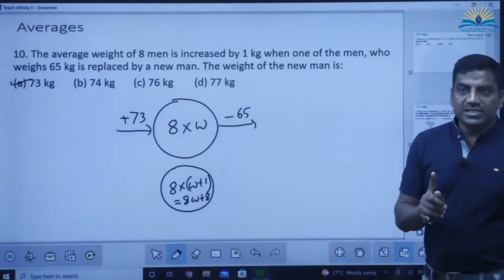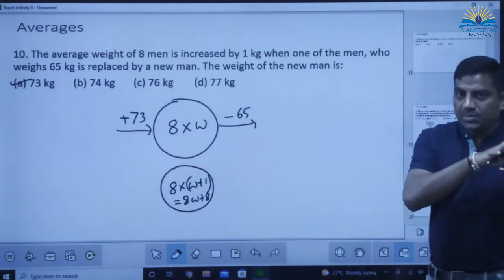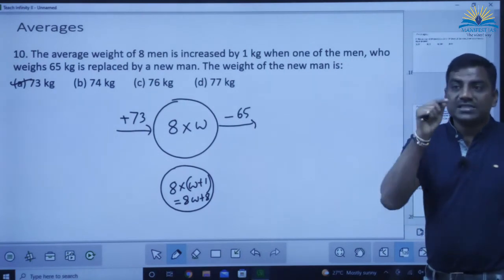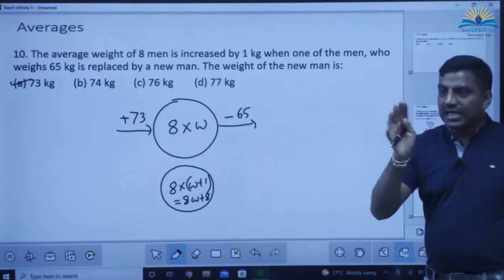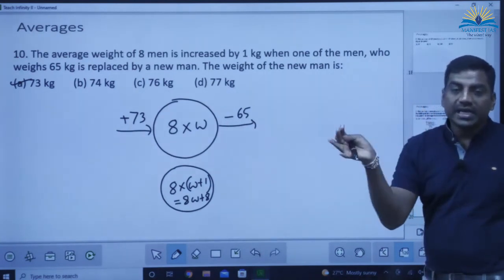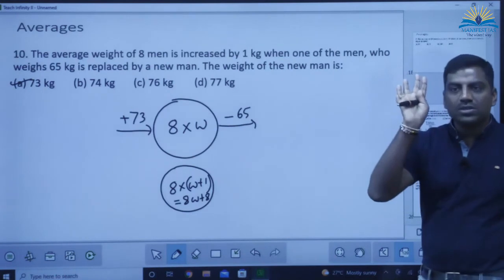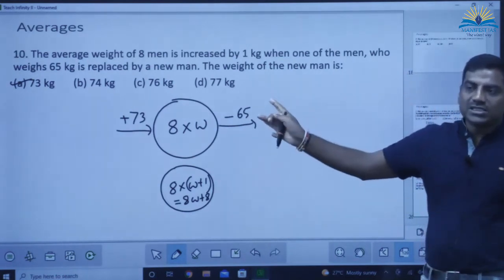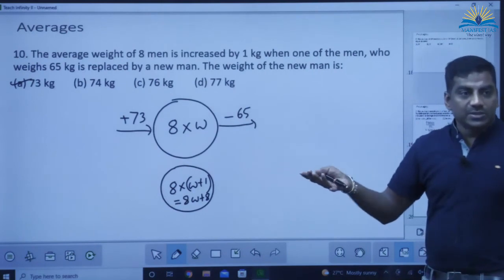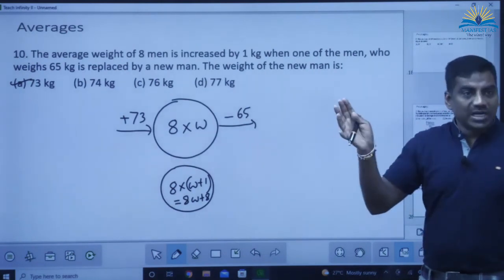In such problems, always, when one person is coming and one person is going out, take the difference. If the average is increasing, then the incoming person has more value. If the average is decreasing, the incoming person has less value. That is what you have to decide. It is not just about weight, even about income, maybe even marks, whatever that might be.